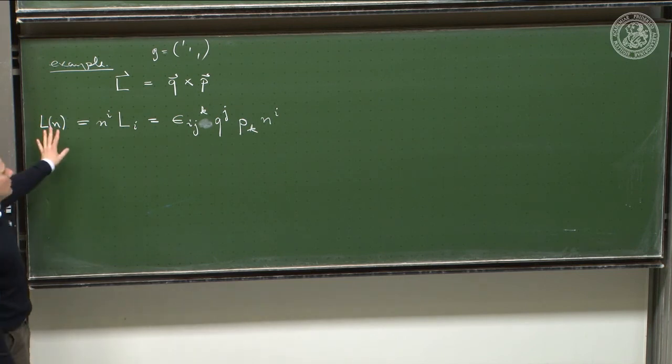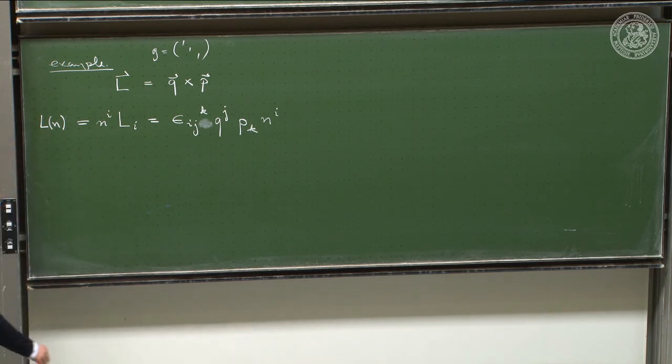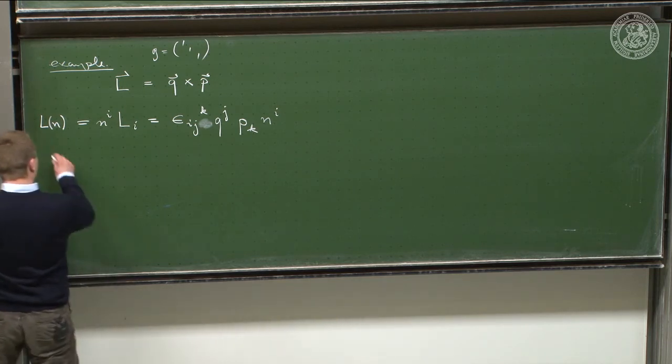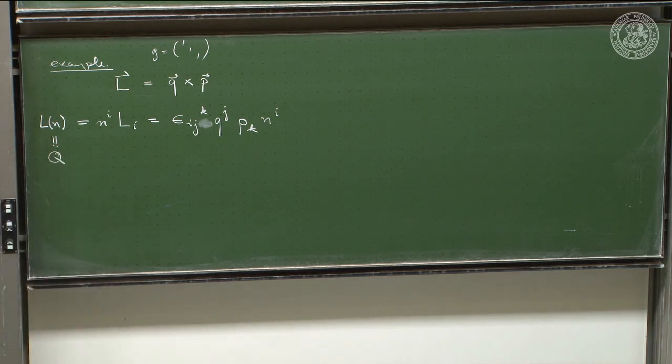But this is now one observable because the n I prescribe. I say I want to look at this axis. So if we now look at this, we know this is supposed to be our Q. We want to find the conditions for when this angular momentum is a conserved quantity.